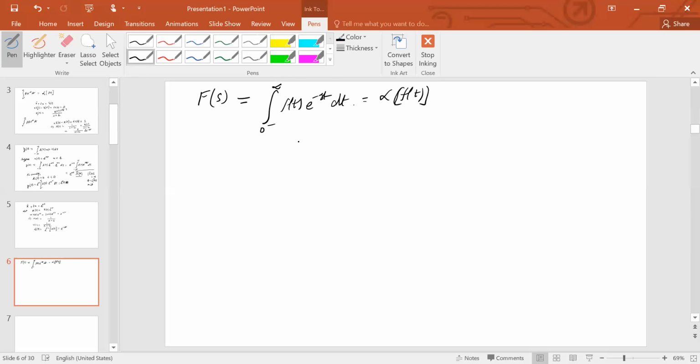All right. Then let's say you have F bar of s equal to the integral from 0 minus to infinity of e to the power at f(t) e to the power minus st dt.